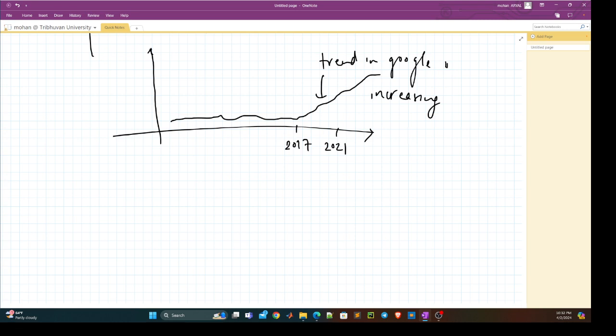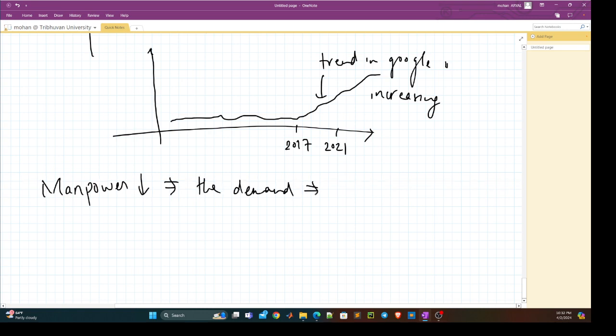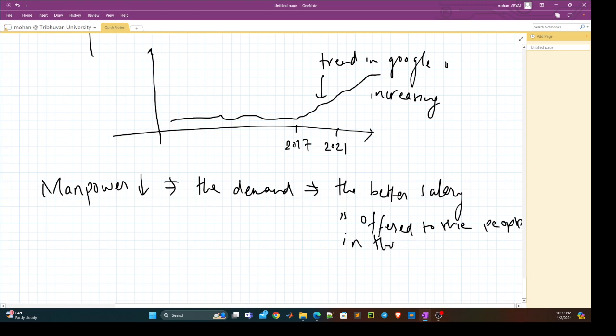And because the people are attracted to it, as the manpower at the current is much less than the demand, hence the better salary is offered to the people in this field.